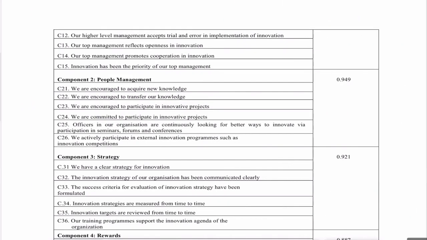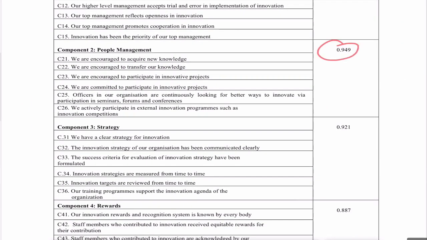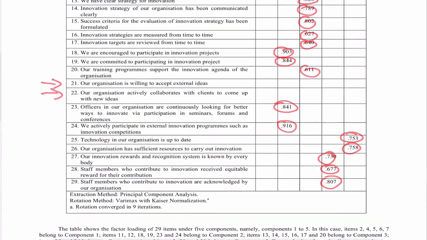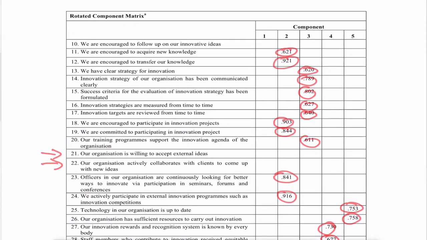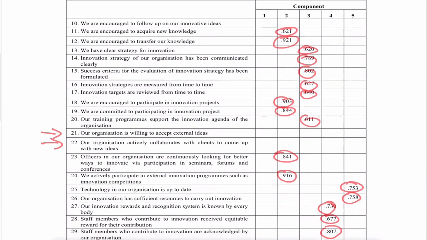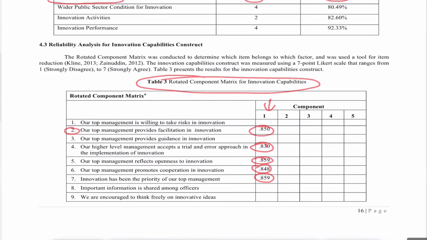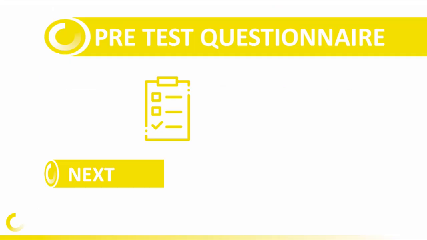And then it goes on to people management, strategy, rewards, and resources. So what we'll use is these statements as they were validated with the factor loadings showing here. But the ones that are not loading, we leave out. So in our questionnaire, for the first construct, for instance, which is leadership, we'll use question 2, question 4, question 5, 6, and 7, and so on with the rest.